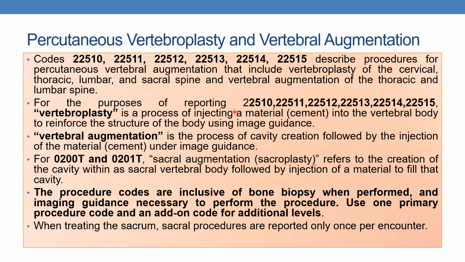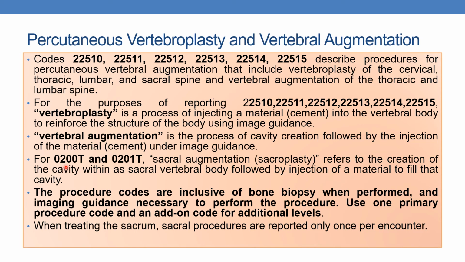For the purpose of reporting these codes, vertebroplasty is the process of injecting a material, that is cement, into the vertebral body to reinforce the structure of the body using image guidance. And vertebral augmentation is the process of cavity creation followed by injection of the material under image guidance.